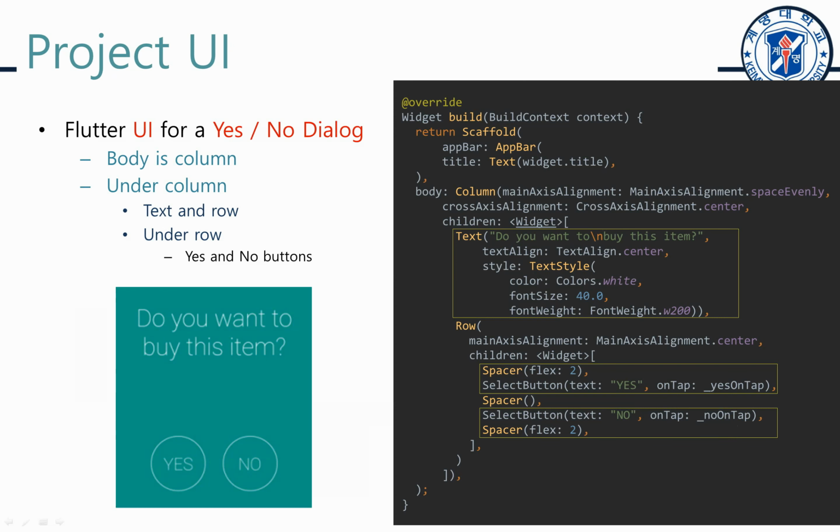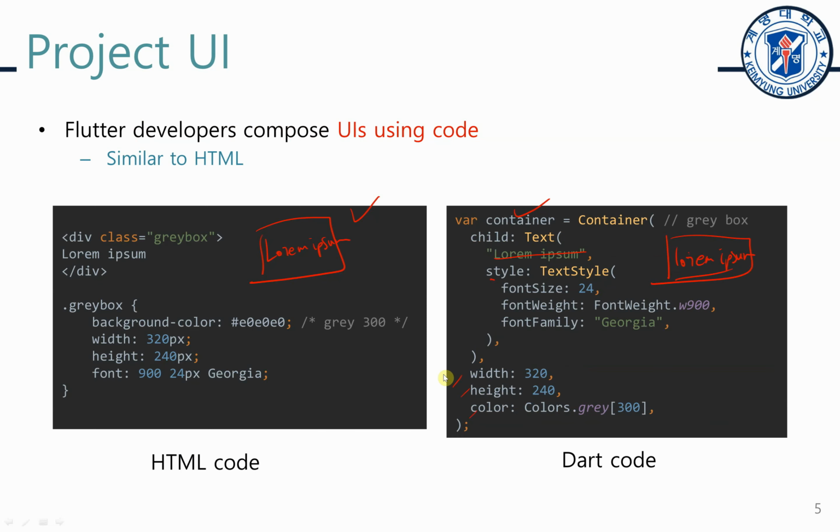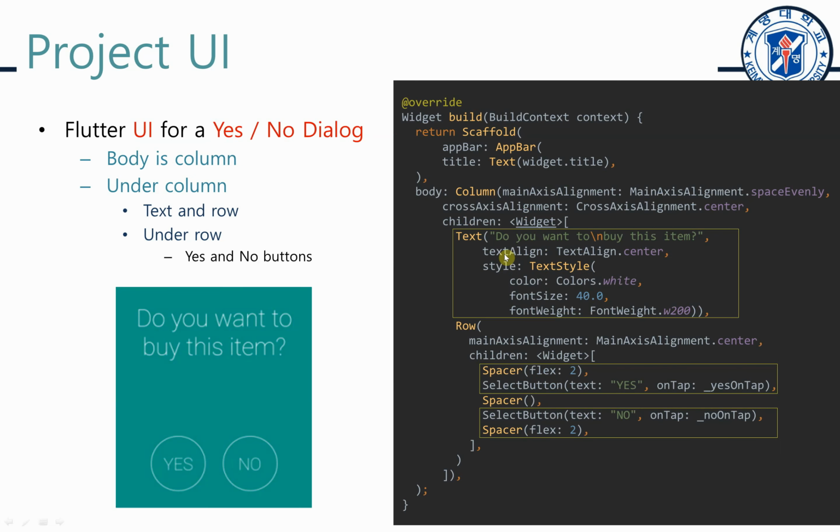Another thing we probably see from this example is that in the previous example there is only one widget, the text widget, right? So we said child there. But when you have multiple children, you say children. So I'll have children of widgets.